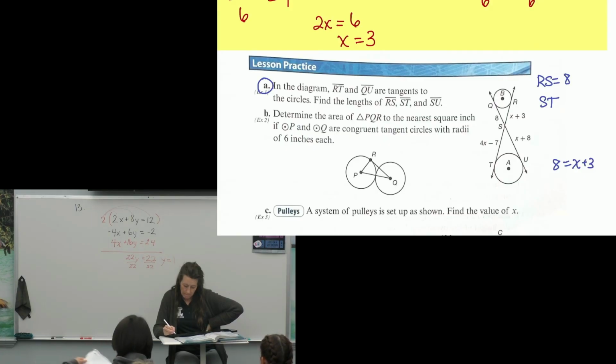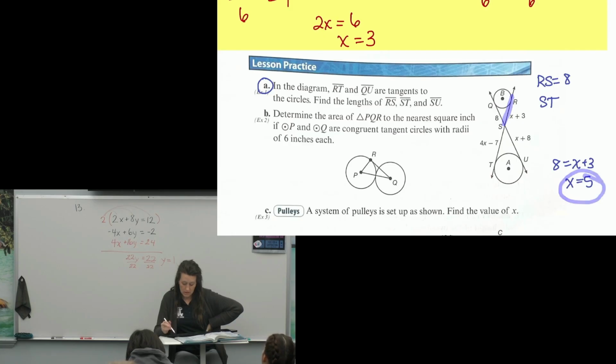Because if you do US, X would equal 5, which is tangent to ST, right? US. Yes. So 8 plus 8 is 16, those equal each other, except X is actually 5. RS is 8.